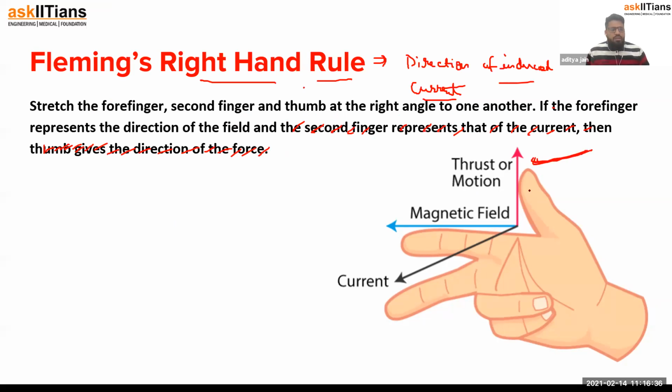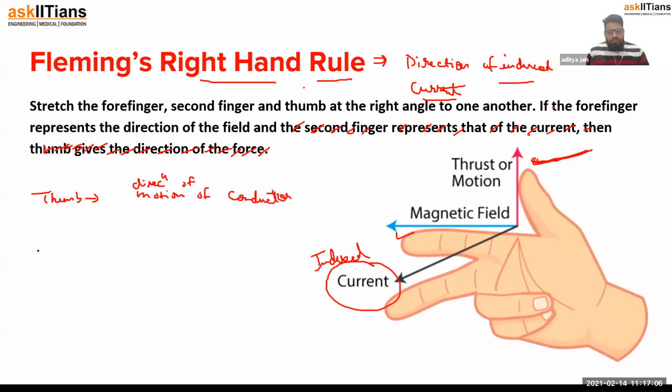In the right-hand rule, the thumb represents the direction of motion of the conductor, the forefinger represents the direction of magnetic field, and the middle finger gives you the direction of induced current. So what do we write? Starting with the thumb, the thumb gives the direction of motion of the conductor, any conductor which is moving in a magnetic field.